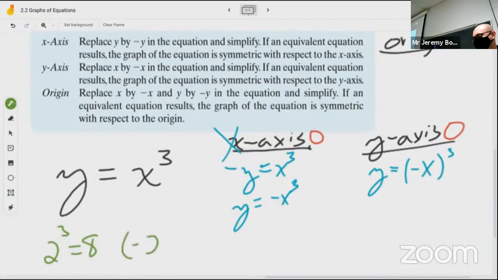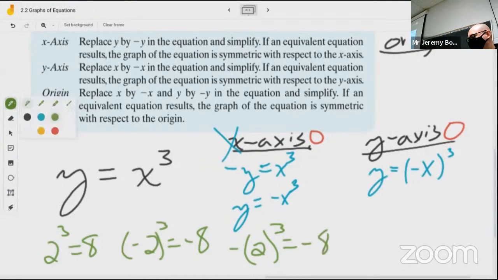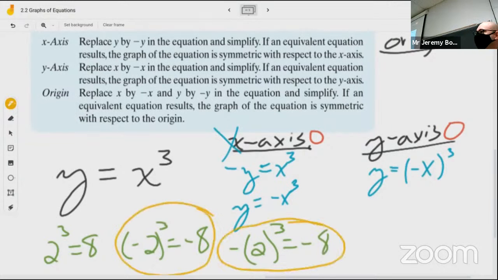If I do negative 2 to the third, what does that equal? A negative 8, right? It's going to be 2 to the third, which is 8, and then we're going to have a negative tacked on, so that's also going to equal negative 8. So notice that this and this are basically the same.